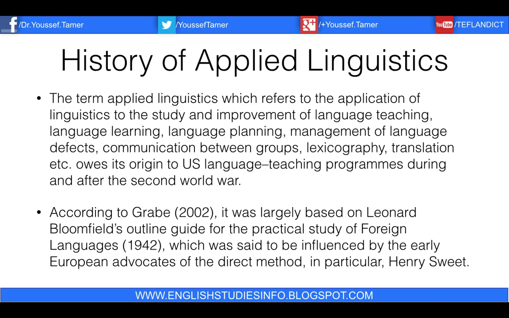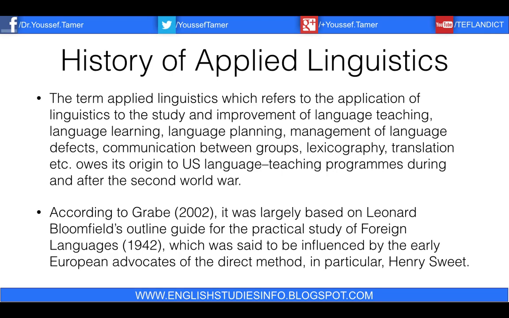Now, this is related to Bloomfield's taxonomy. It has to do with learning, okay? He proposes this taxonomy in order to help improve learning of a language in general.